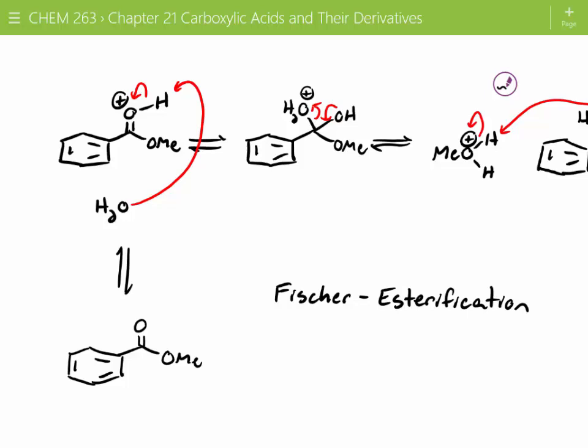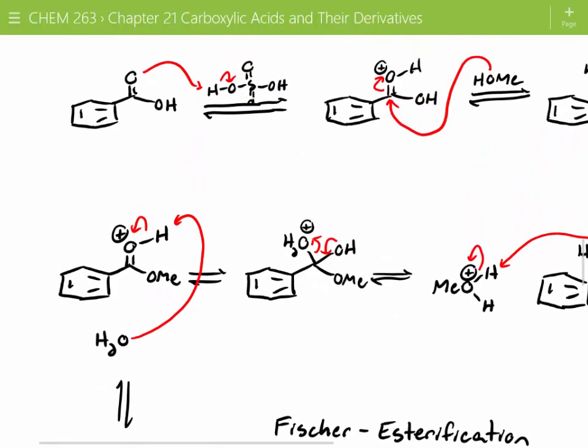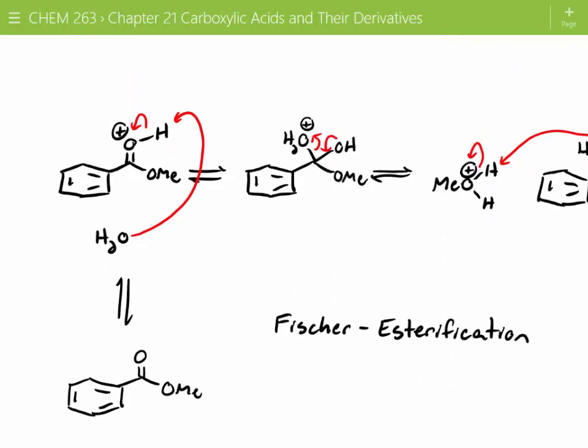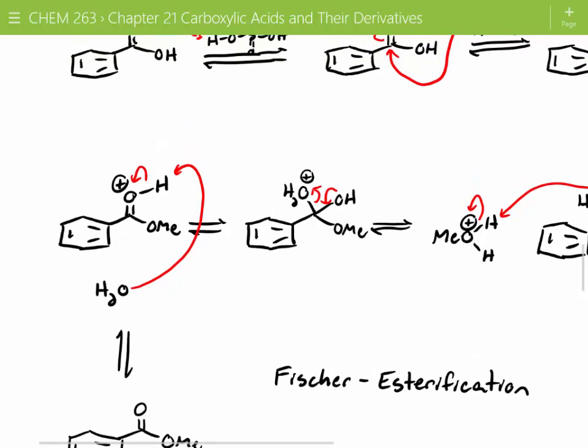One thing I do want to go back to, because people were asking me about this in lab, was why are we getting the ester? Why is it not staying at the benzoic acid? And a lot of this comes down to Le Chatelier's principle with equilibrium conditions. So let's go back up to the overall reaction.